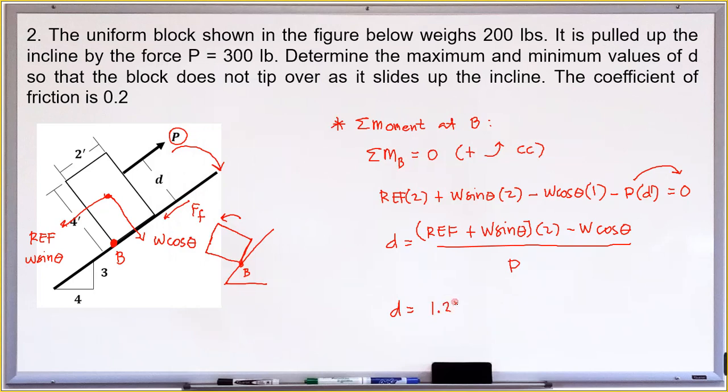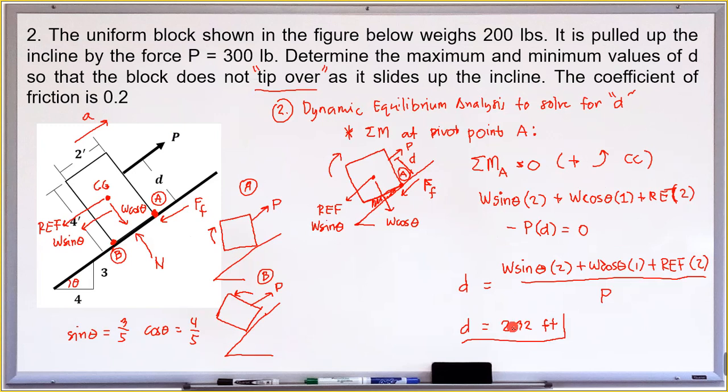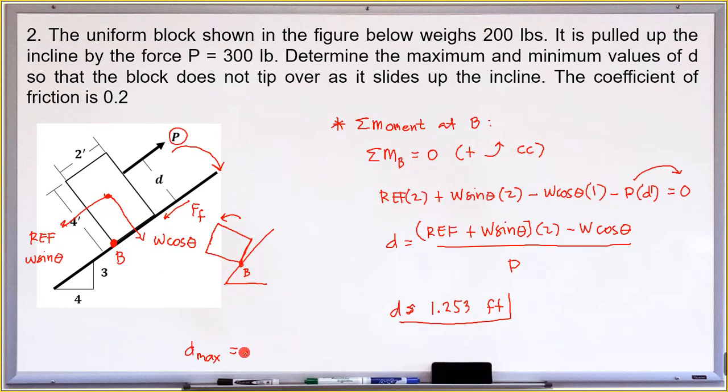So 1.253 na lang approximately 1.253 feet. So therefore, the maximum value is the previous value of D nga atong na-solve ko ganiha, 2.32.